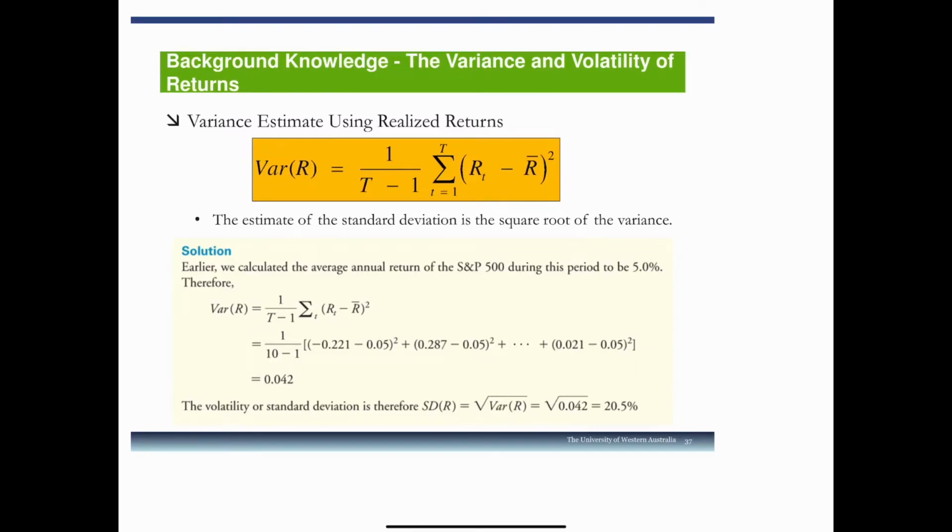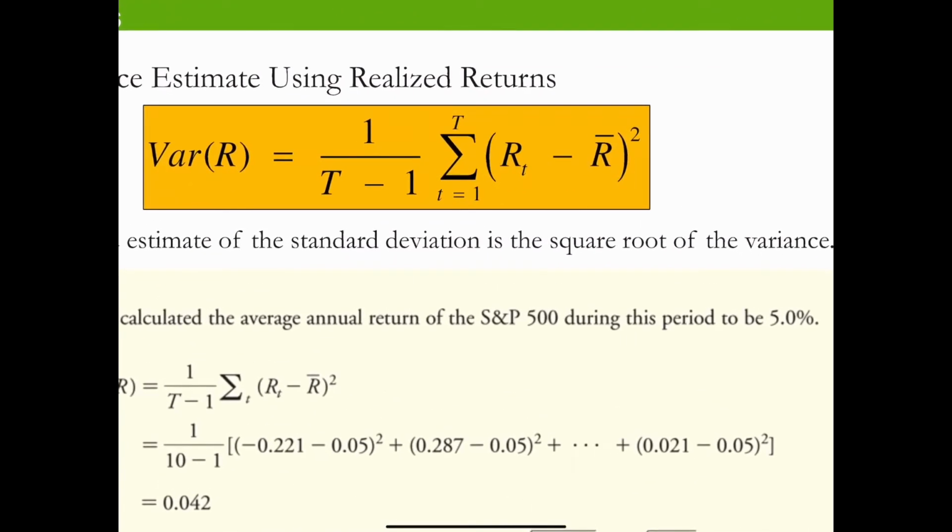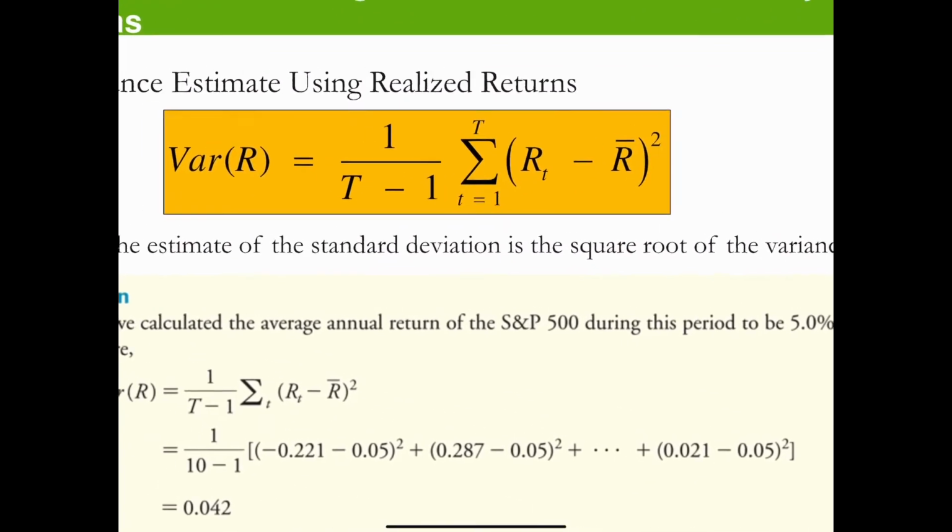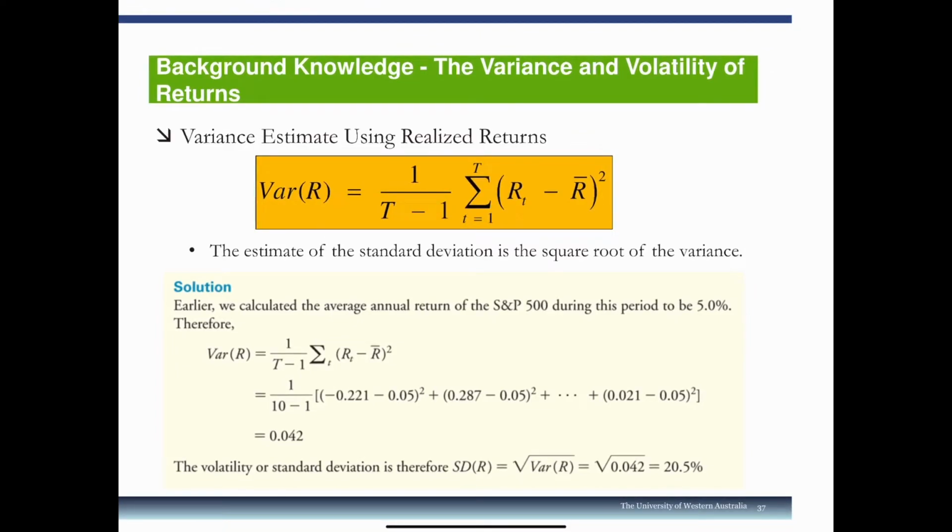But then you have 1 over T minus 1 here. Without going through too many statistics terms, the minus 1 here is you're losing 1 degree of freedom because you don't know what the true mean is. You need 1 degree of freedom to measure the average return, the mean return, which is r bar here.